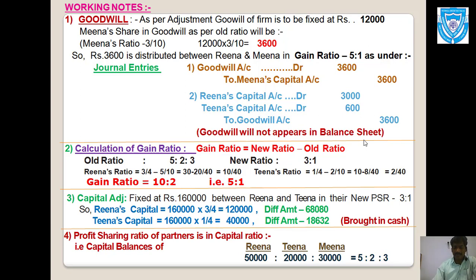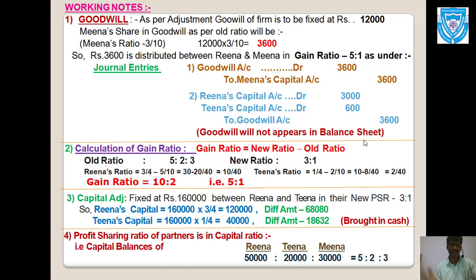You can see on your screen, working note number 1, goodwill. Goodwill is fixed at rupees 12,000, and Meena's share in goodwill as per the old ratio will be, Meena's share is 3/10. So 12,000 into 3/10 is equal to 3,600.